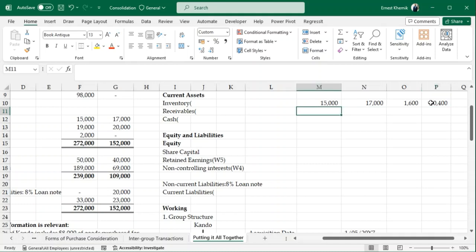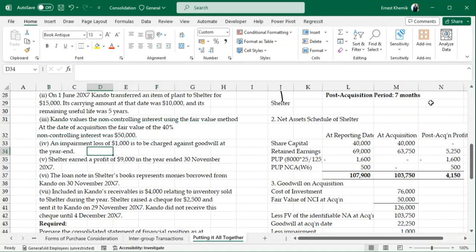Now our receivables is going to be 19,000 for the parent, 20,000 for the subsidiary, and then from note 6, here, we've been told that Kandu's receivables is 4,000 related to inventory sold to Shelter during the year.